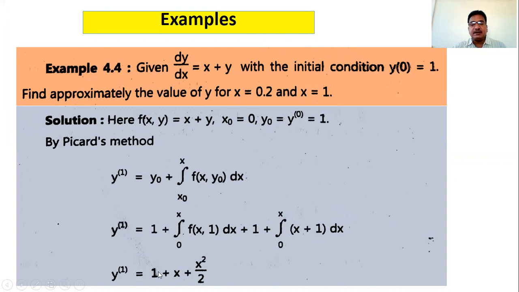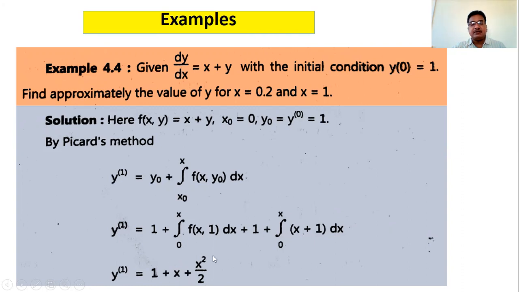So this answer is correct, that y1 is 1 plus x squared by 2 plus x. This answer is correct because the integral of this factor is x squared by 2 plus x, and the value at the upper limit minus the value at the lower limit, where we substitute x as 0, gives the answer 0.